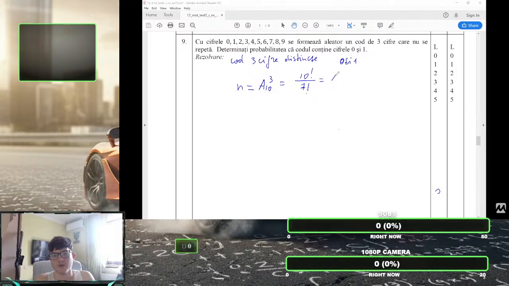And in the favorable cases, I guess we'll have it with the M, right? With the M, which is the favorable cases, and what that will be? That will be first one, you have 10 digits and you take 1.